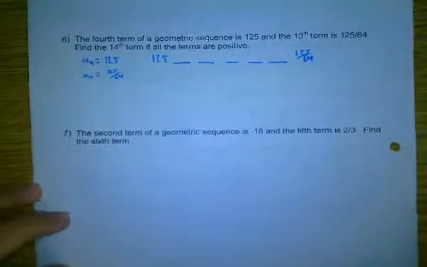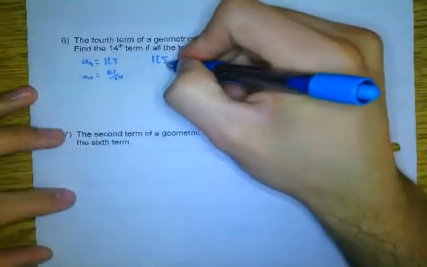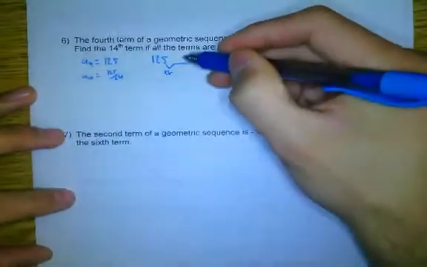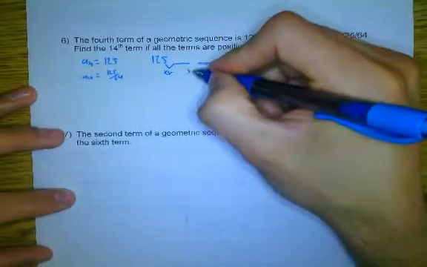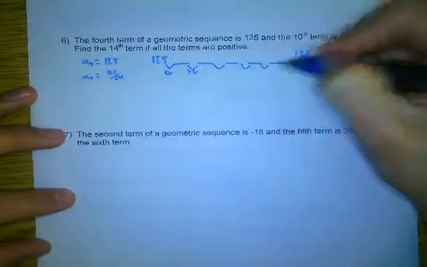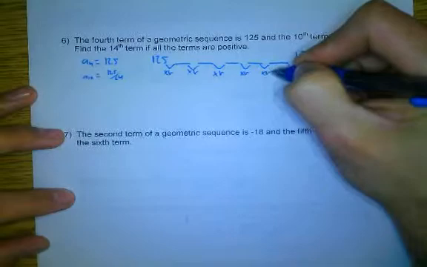Well, remember that geometric sequences work in a way that you take the number and you multiply by a ratio, the same ratio every time, right? So once you have your ratio, you're going to say 125 times that ratio, and it's going to give you this term. And then you take that term and multiply by the same ratio to get that one, correct? And so on until you get to this term. So times the same ratio over and over again. You guys agree?